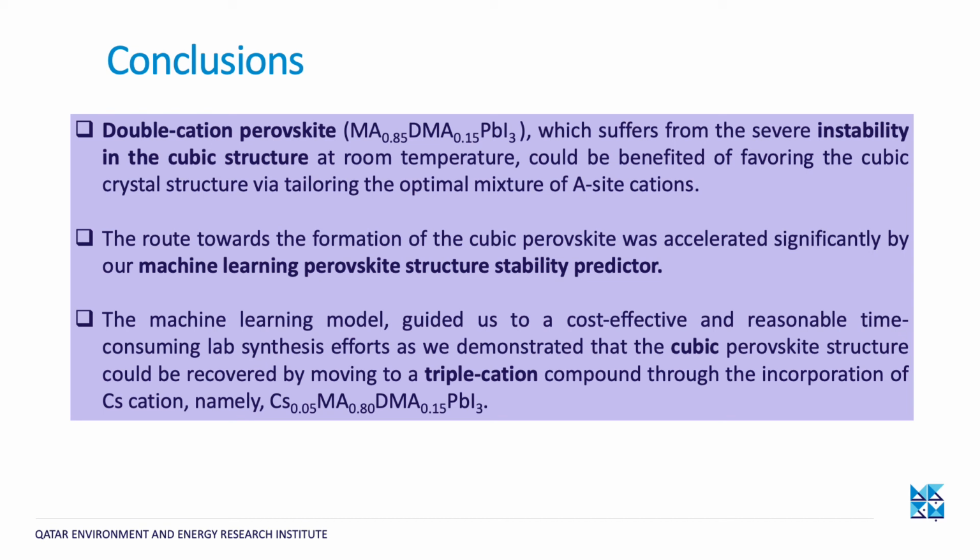And we would say that this route towards the formation of cubic perovskite was accelerated significantly by the machine learning perovskite structure stability predictor. I would also conclude that this machine learning model is guiding us to a cost-effective and less time-consuming lab synthesis effort to get the stable cubic perovskite structure. So this is what we conclude here.